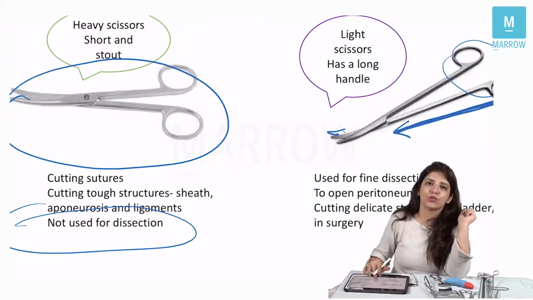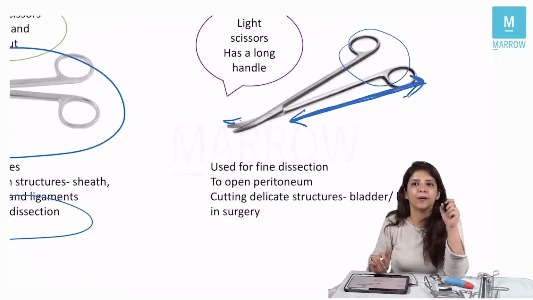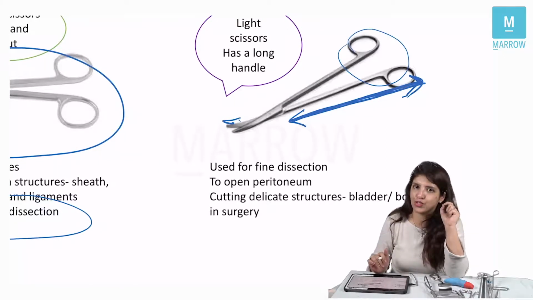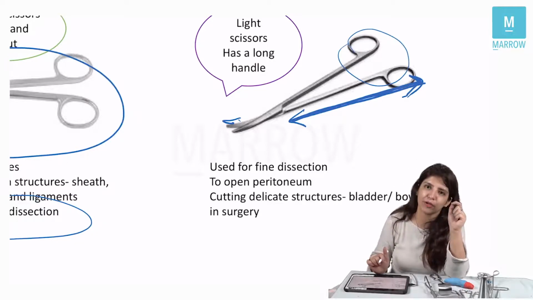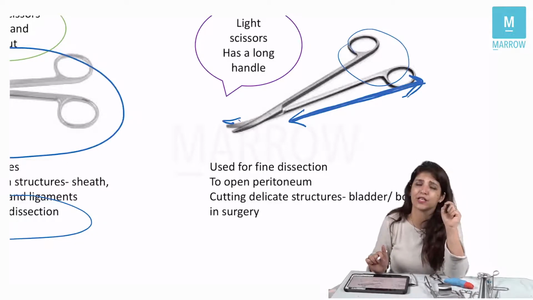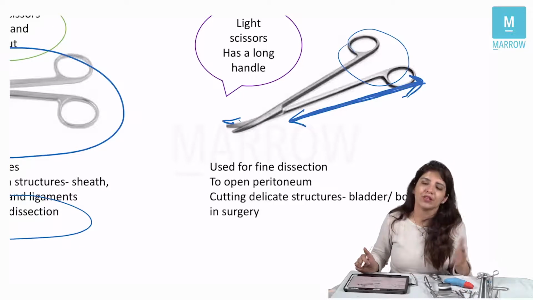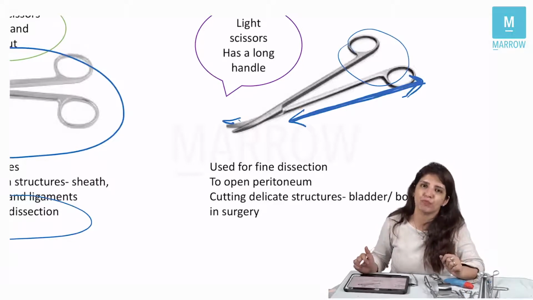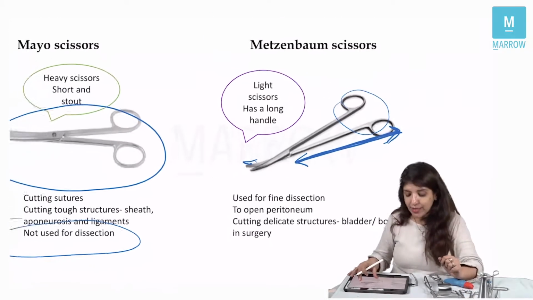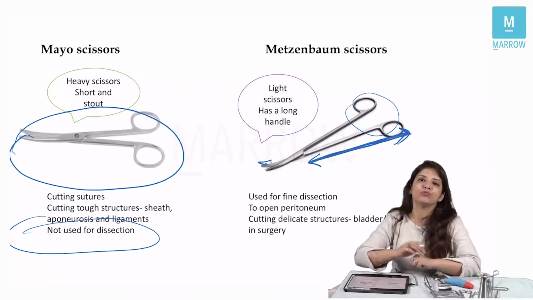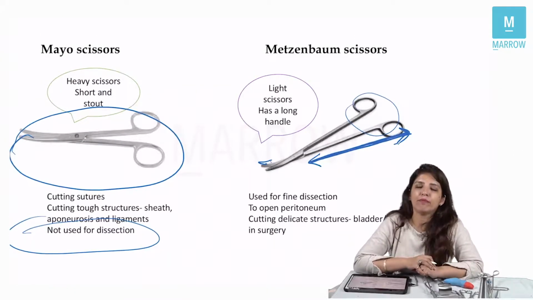Metzenbaum scissor is the scissor which is used for all fine dissections, and if you have to cut peritoneum, for delicate structures you are going to use Metzenbaum scissors like peritoneum, or if you have to do fine dissections, or if you have to cut, surgeons, if they have to cut the bladder or the bowel, then they use a Metzenbaum scissors, right?